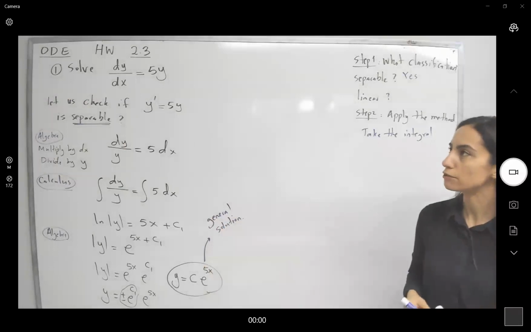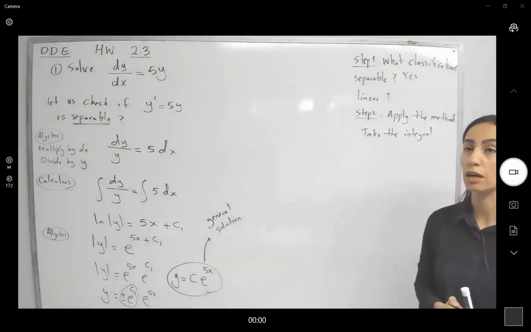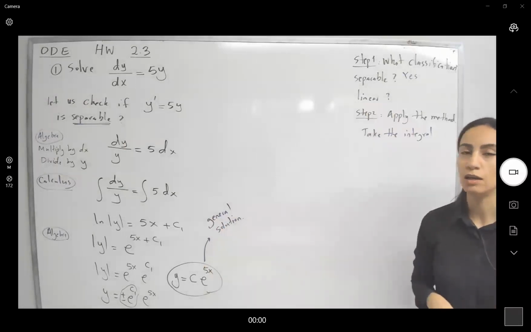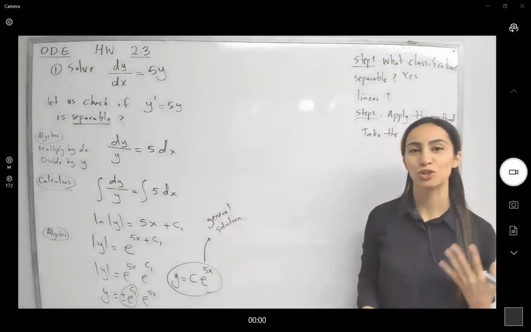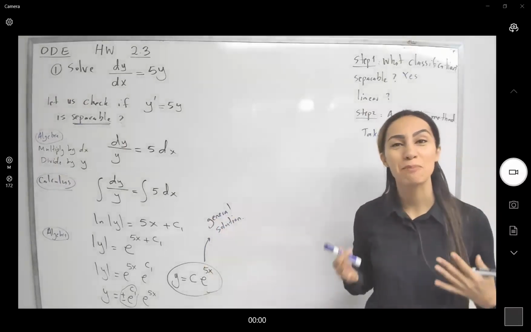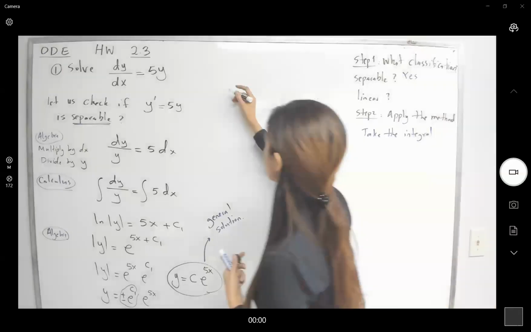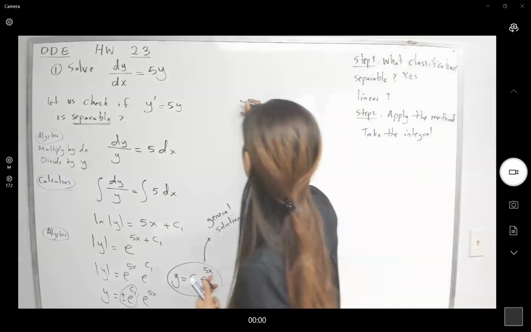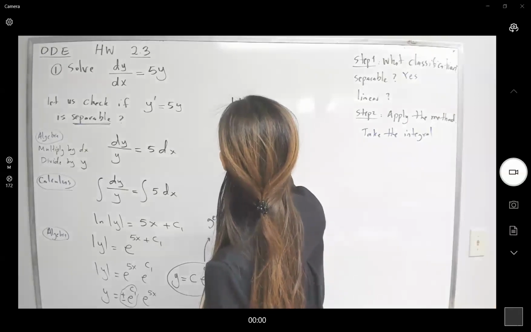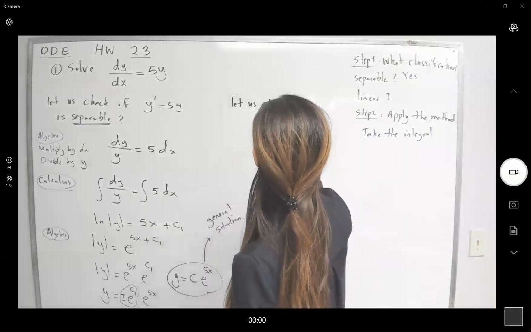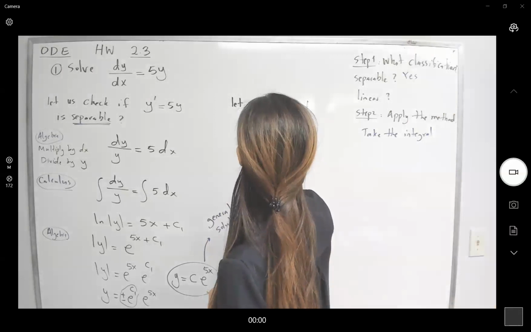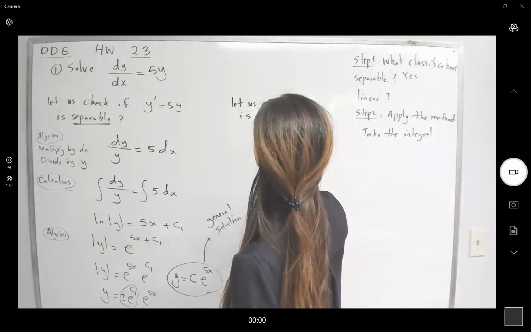You might say, well, what if I want to check to see if this guy is linear? Remember that when you have a differential equation, you might be able to apply different methods solving that differential equation. Out of curiosity, let us check if it is linear or not.